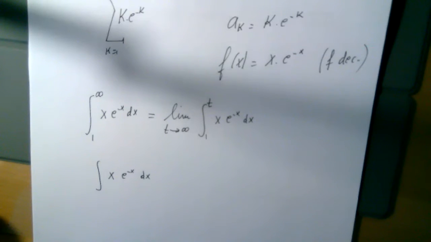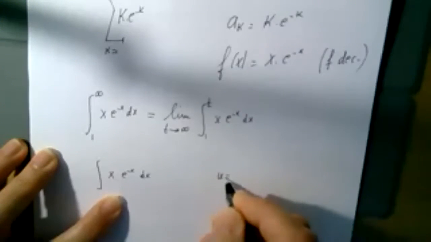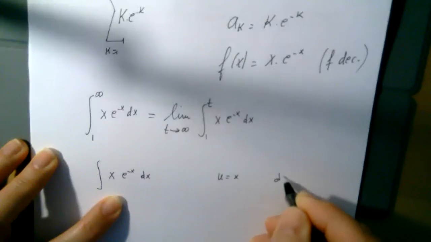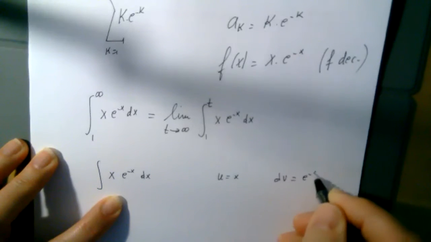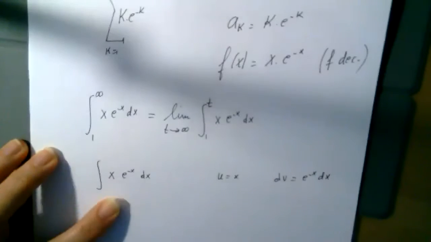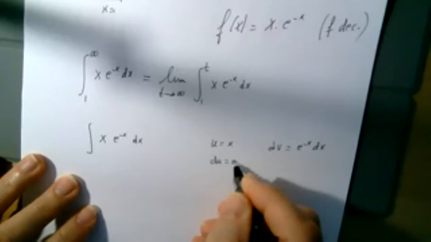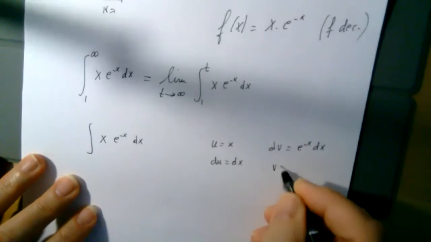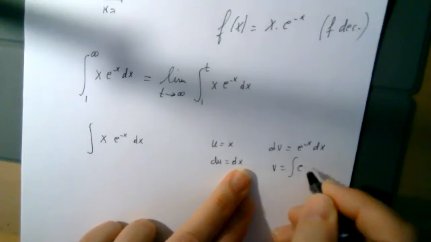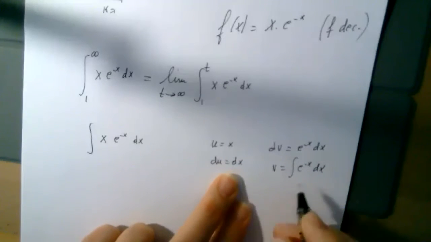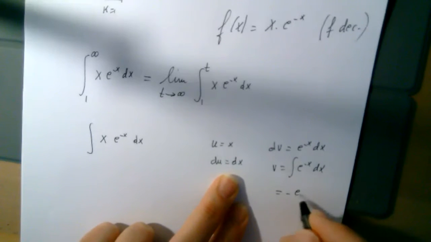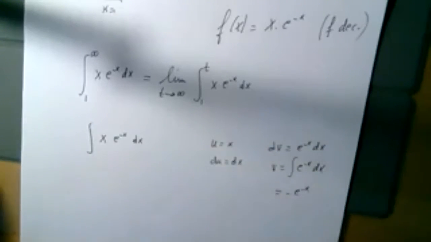Jordan is absolutely correct. We're going to do integration by parts. All right. So by parts, we're going to put u to be x and dv to be e to the minus x dx. And du will become dx. And v is the antiderivative of e to the minus x dx, which is minus e to the minus x.